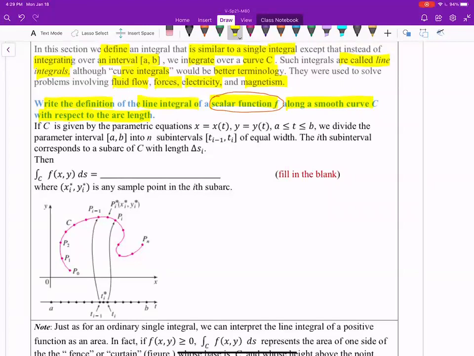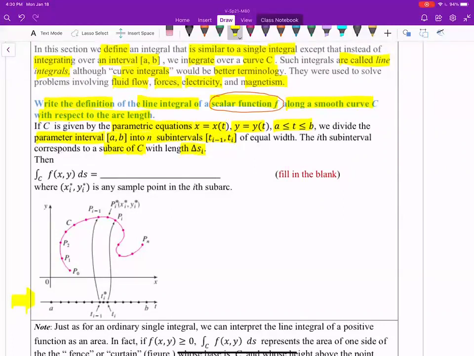If C is given by the parametric equations, x equal to x of t, y equal to y of t, and t lying between a and b, we divide the parameter interval AB into n subintervals [t_{i-1}, t_i], as shown here in this picture, of equal width. The ith subinterval corresponds to the subarc of C with length delta Si.